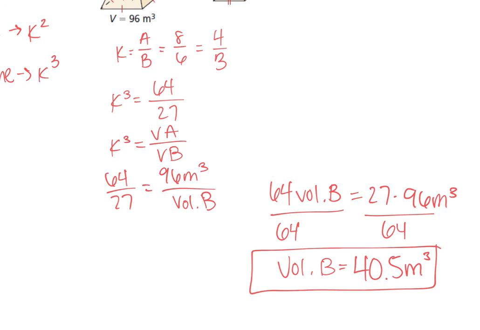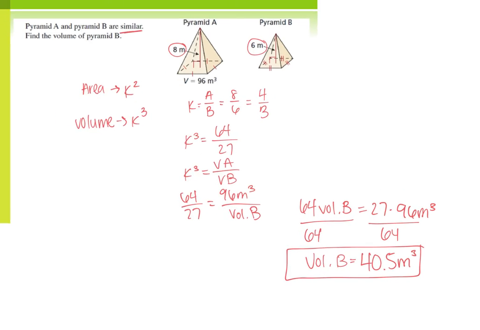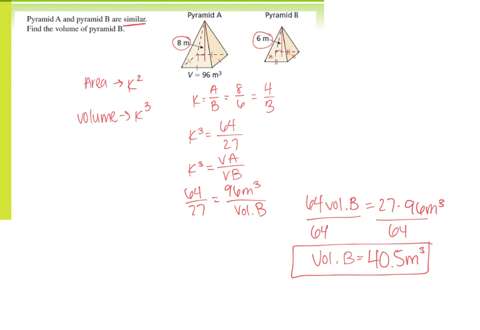Jaden. Yes. Yep. And then 8 and 6. Yep. So are you okay with the fact that to find my scale factor, which is K, I need to take a length from pyramid A and put it over pyramid B, or vice versa? Or did you just divide it?